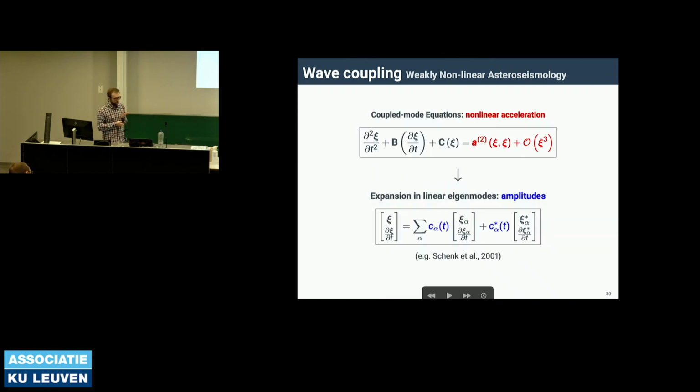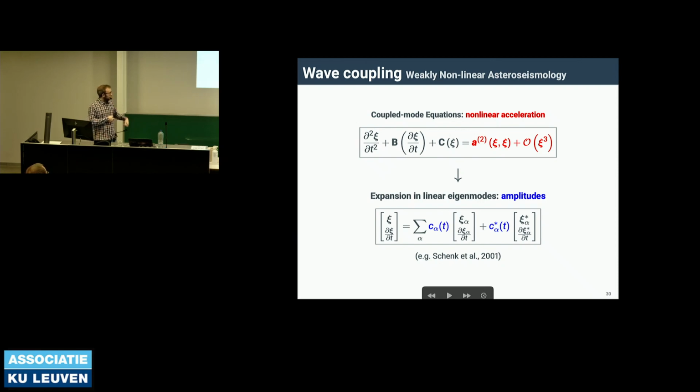If we then also expand the displacements, these are the displacements caused by your modes, or rather the Lagrangian displacement in your star. The individual displacement caused by your modes are these.